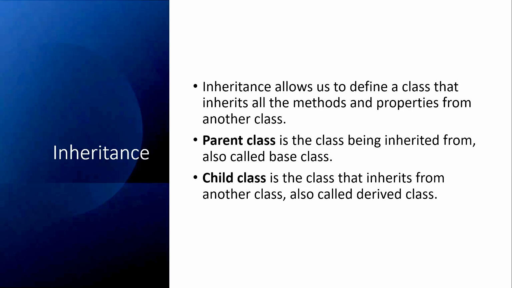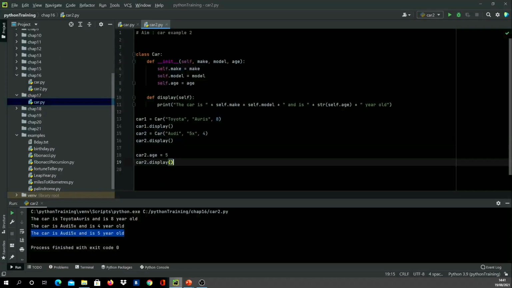Now, what is a parent class? A parent class is a class being inherited from, also called a base class, and a child class is a class that inherits from a parent class, also called a derived class. Now all this will make sense if I take you to this example.